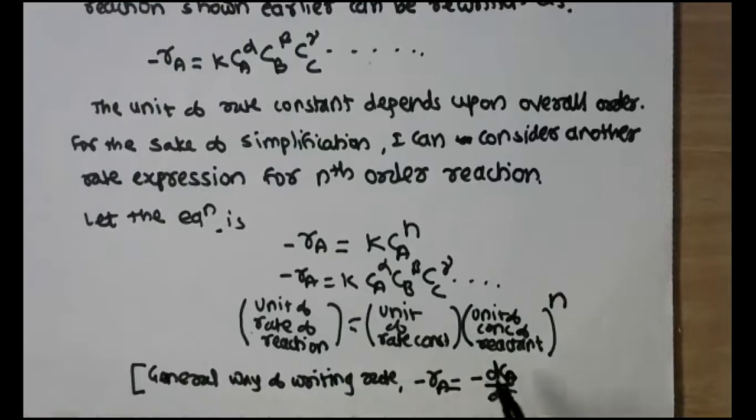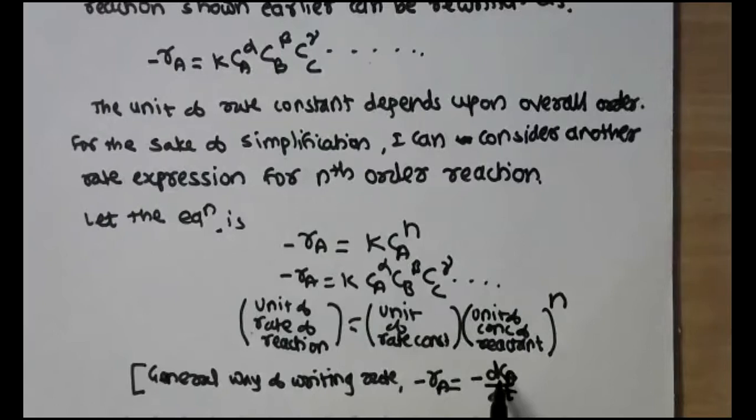Now, in place of K I am writing unit of rate constant, because I am interested in knowing the unit of rate constant. In place of concentration, I am writing unit of concentration of reactant and power n. So in place of unit of rate of reaction, I can write unit of concentration divided by unit of time. See, this dCA means what? Change in concentration. Say for example, 10 kg minus 5 kg, how many kg? 5 kg.